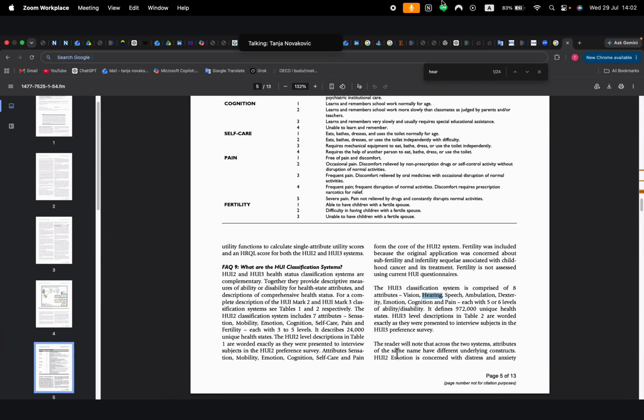The numbers for that are all in this study. So when you have these defined as vision, hearing, speech, ambulation, even emotion, maybe this UE3 to divide them into these 8 levels is probably the best way to do it. For sure.